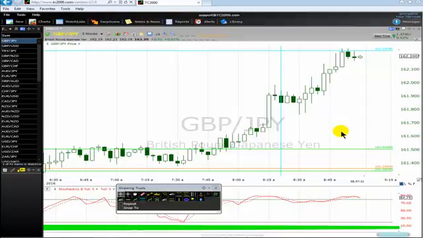The best place to buy is at the lower part of the consolidation, but we noticed that the price ran very fast from the lower part of the consolidation on the hourly chart and was quickly at the top of the consolidation, giving us the indication that the bullish momentum is very strong. As it broke above the top of the consolidation, we decided to enter the trade at 161.50.